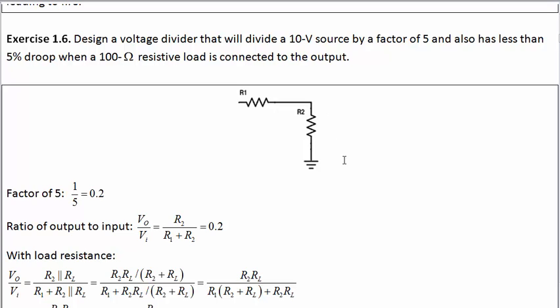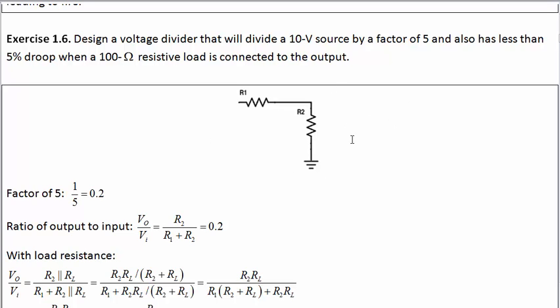If the output resistance is going to be lower than this resistance, it's going to affect the circuit more when you put it in parallel there. So you want the input resistance of your load to be very high compared to the output impedance of your voltage divider, the output impedance here.